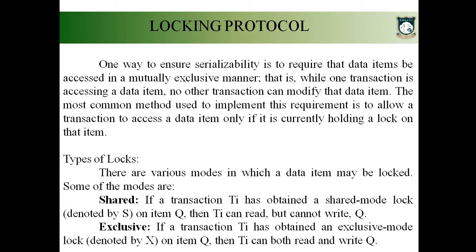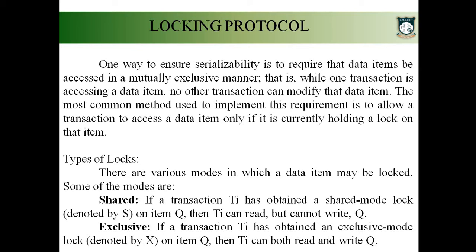Now there are two modes of lock. In order to improve the level of concurrency, there are two modes of lock available. One is shared mode lock and another one is exclusive mode lock.